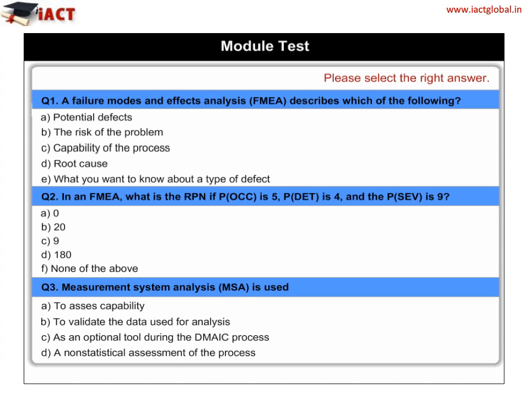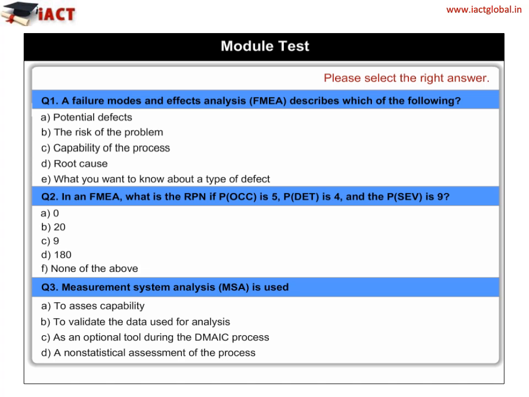In an FMEA, what is the RPN if occurrence indicator is 5, detection indicator is 4, and the severity indicator is 9? A. 0. B. 20. C. 9. D. 180. E. None of the above.